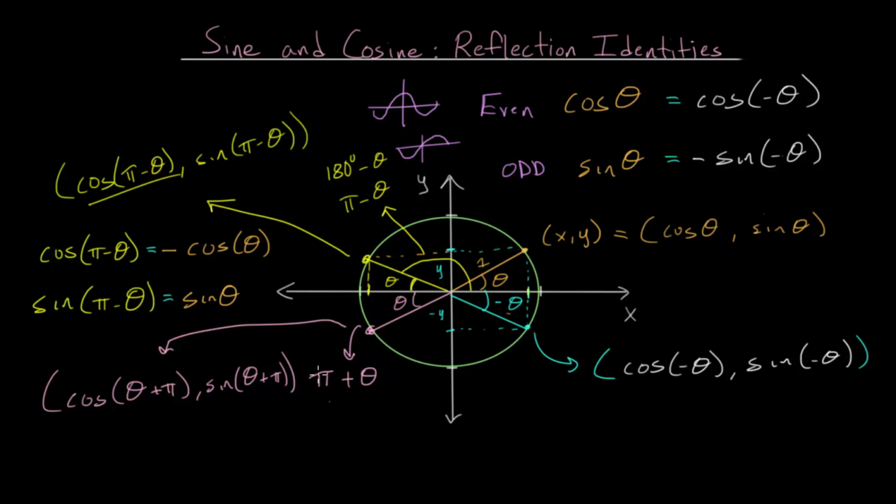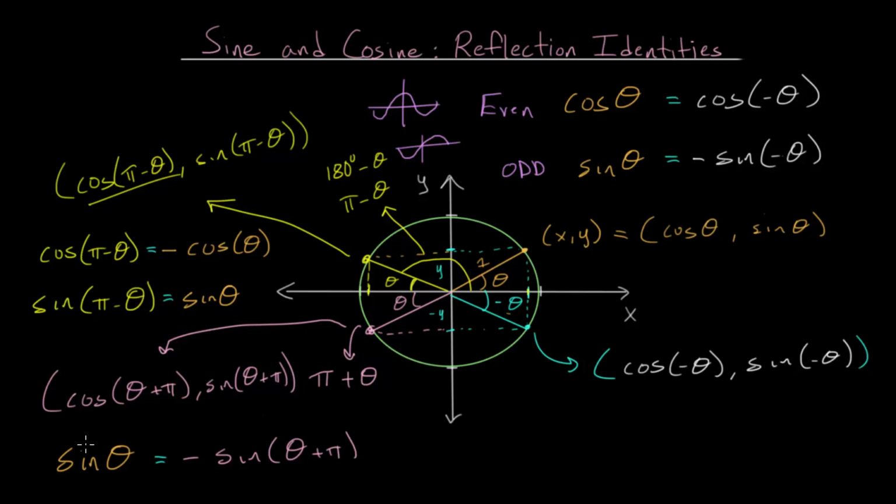And what we can notice is that the y value of this function is the opposite of the y value here. So we can say that the sine of the angle, this y value in the first quadrant, is equal to the opposite of the y value down in this third quadrant, which is the sine of theta plus pi.